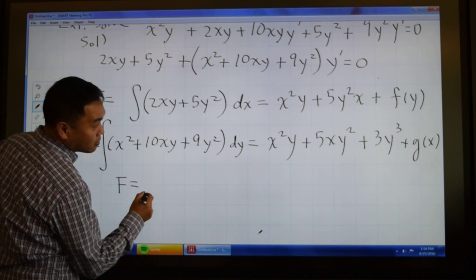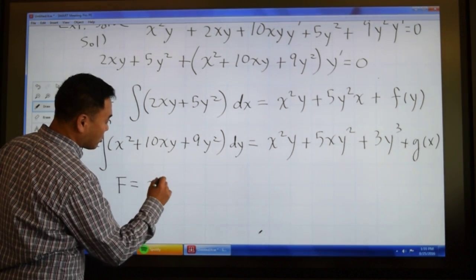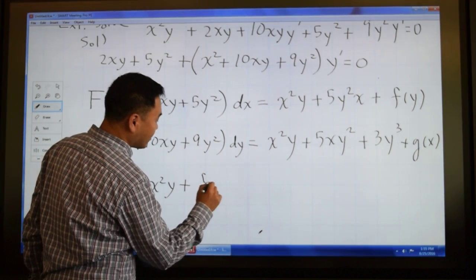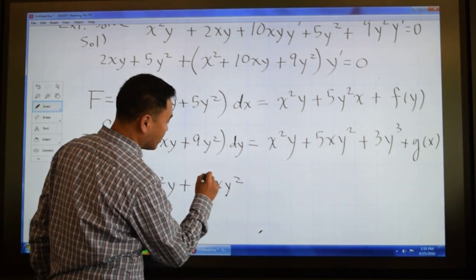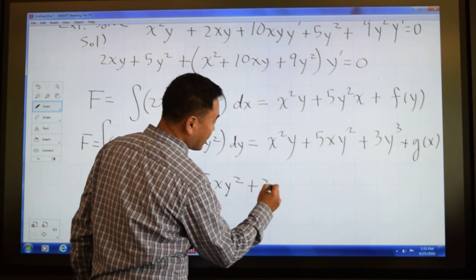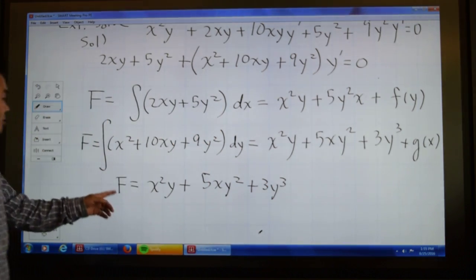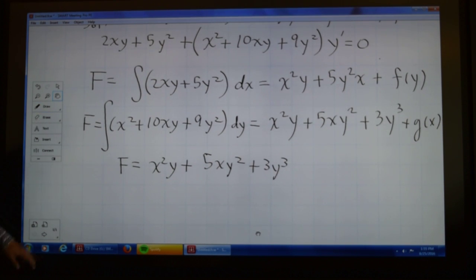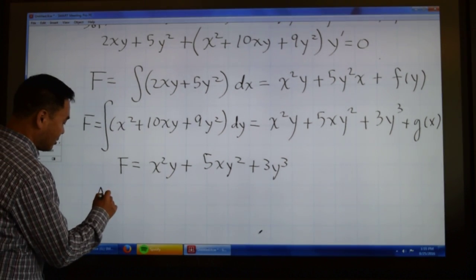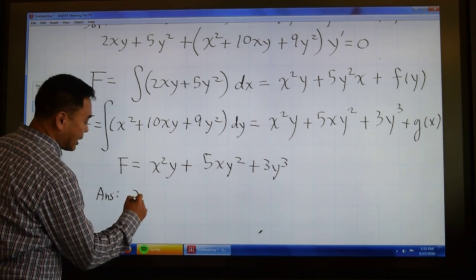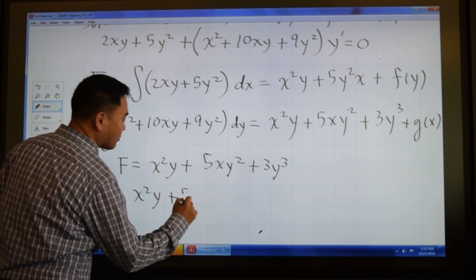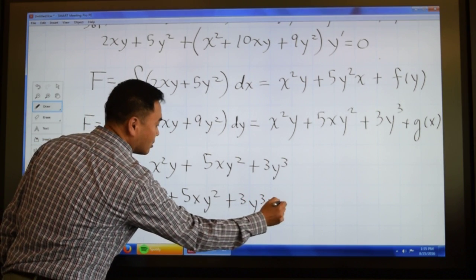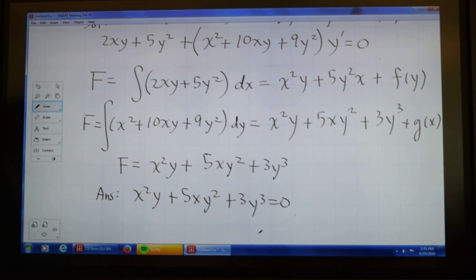F equals x squared y plus 5xy squared plus 3y cubed. This is a harmonization of the two different descriptions. And therefore, the final answer is x squared y plus 5xy squared plus 3y cubed equal to 0.